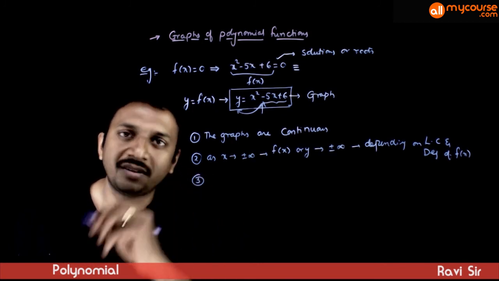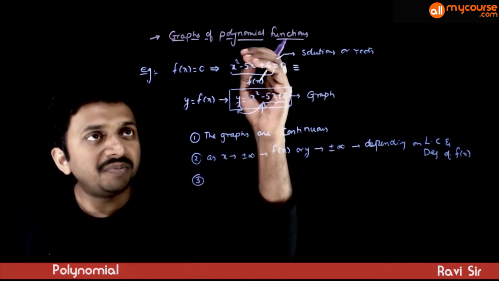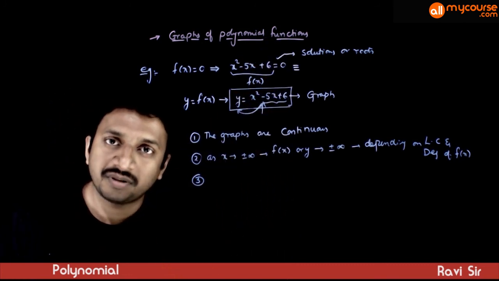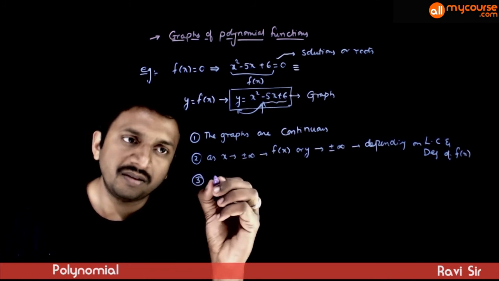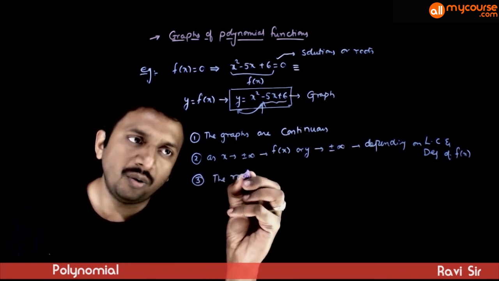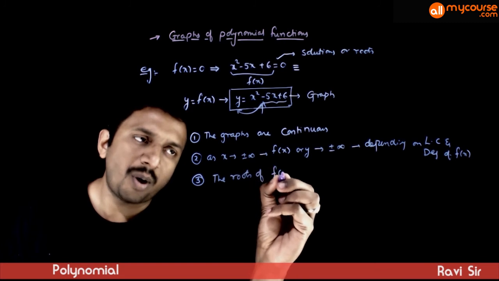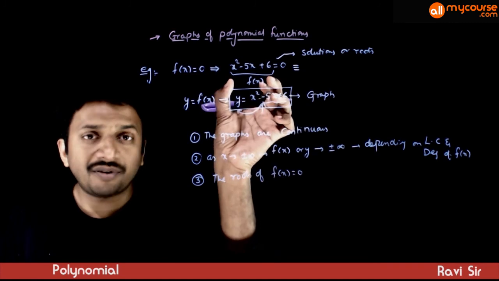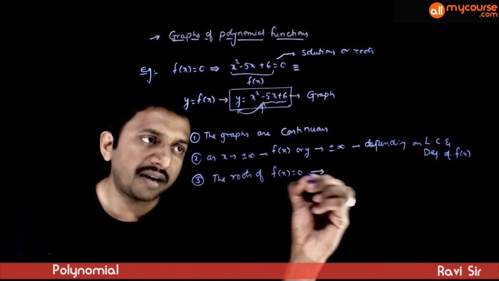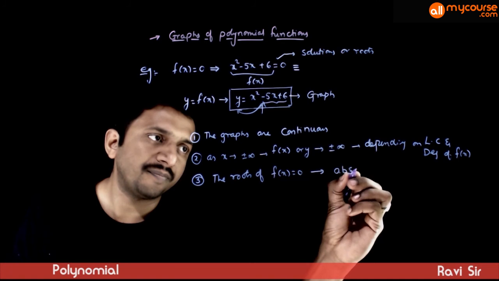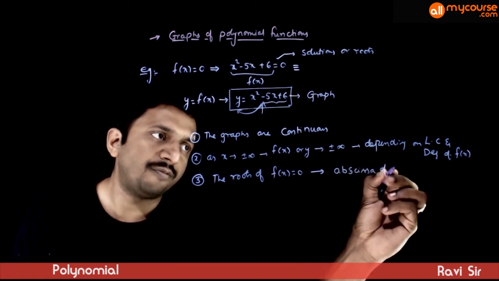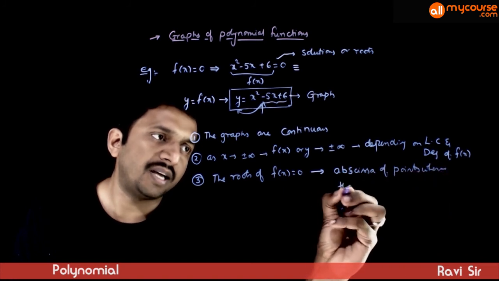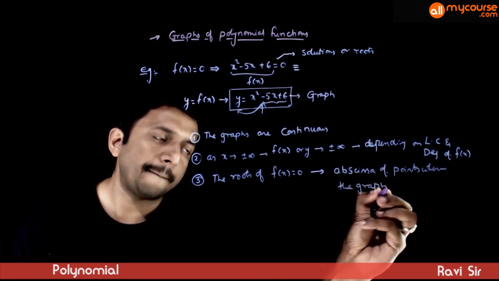The third thing to observe is the relation between the polynomial equation and the polynomial function. The roots of the polynomial equation, the values of x where f of x is equal to 0, are the abscissa of points where the graph cuts the x-axis.